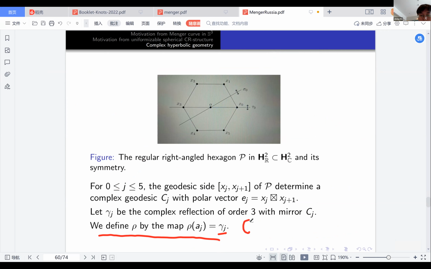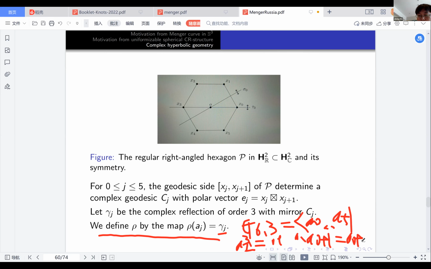We call the group G63, generated by a1 to a5, with a_i cubed equal to the identity, and a_i a_(i+1) equal to a_(i+1) a_i, right?